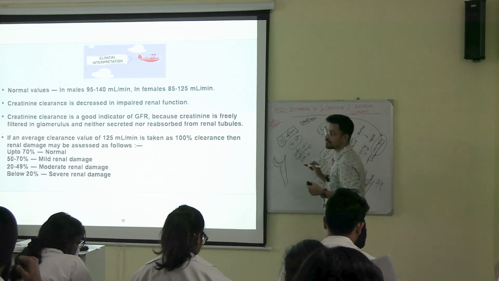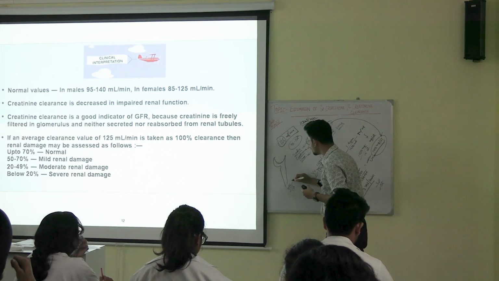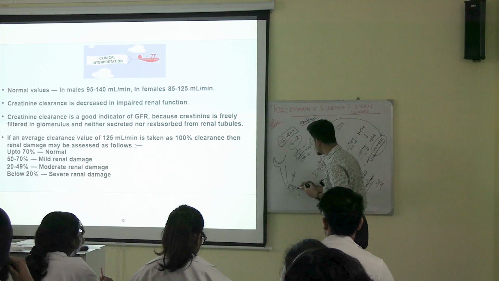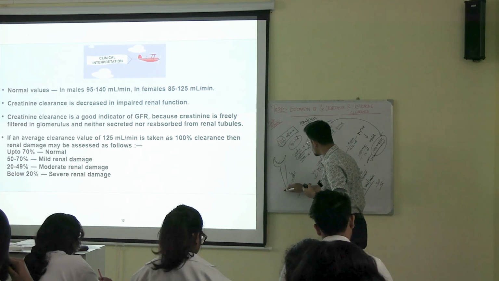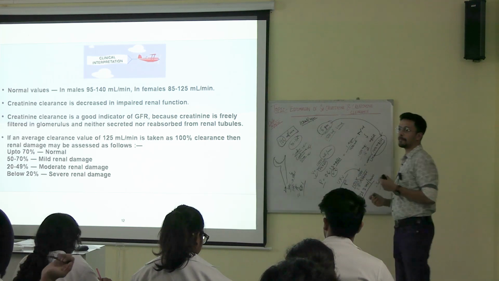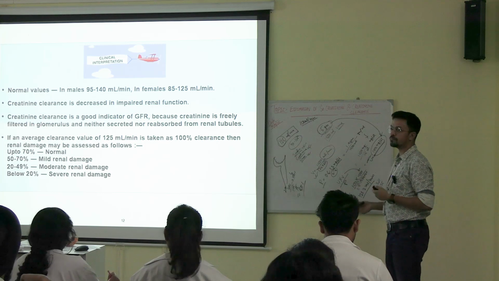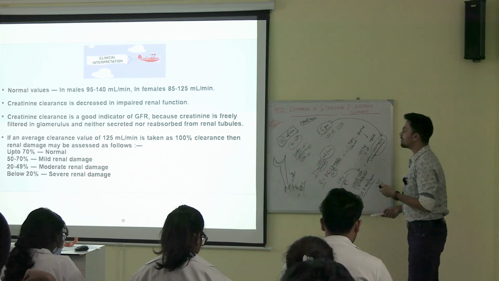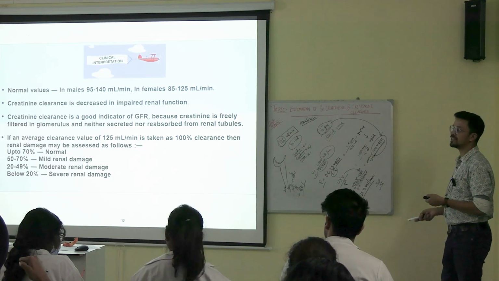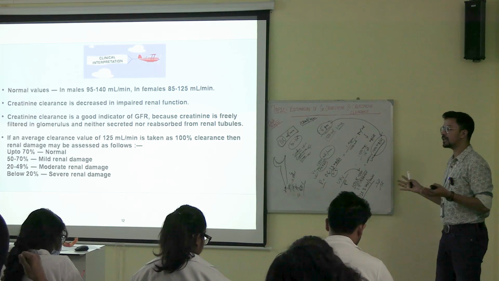What is the percentage? 100 divided by 125 into 100. What are we getting? 80%. If you are getting 80%, then it is coming under normal. So if it is less than 90, then only you will get the value as less than 70%. Anything less than 70% is abnormal kidney function.